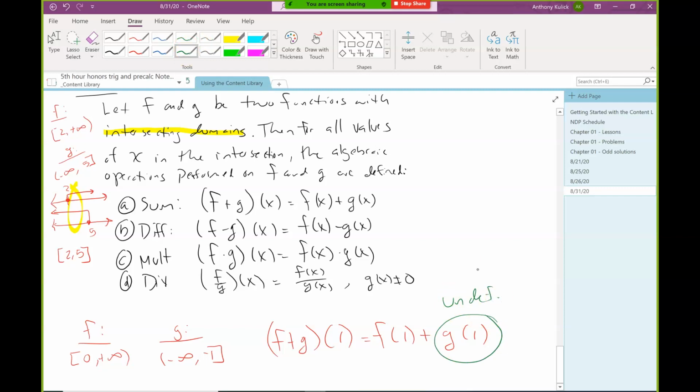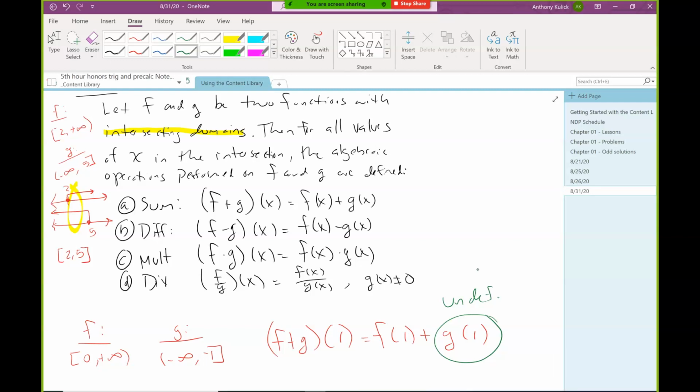If you try to plug a value into a function that's not in the function's domain, there is no y value that associates to that. That x value is undefined. It has no partner when we paired our x's and y's together, right? Everybody's okay with that idea?